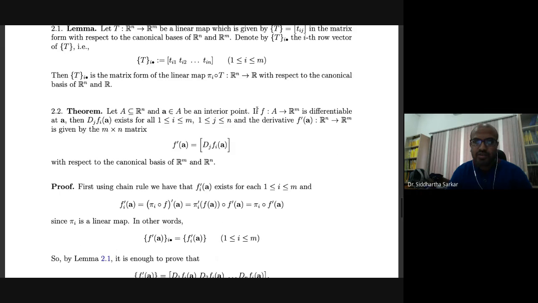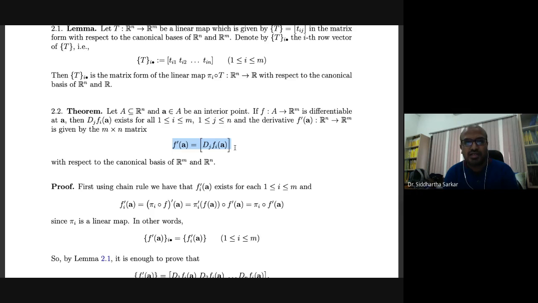We are going to prove that if your derivative exists, then all the partial derivatives, along with some canonical functions which I am going to describe, would exist, and there is a nice form of the derivative which can be easily written down in a neat way.